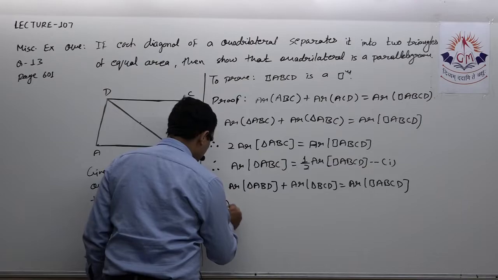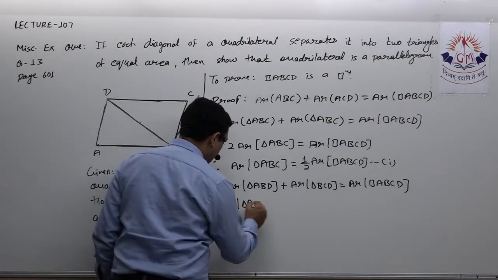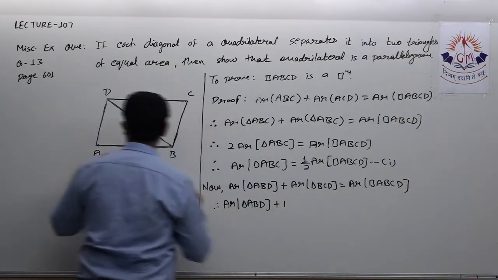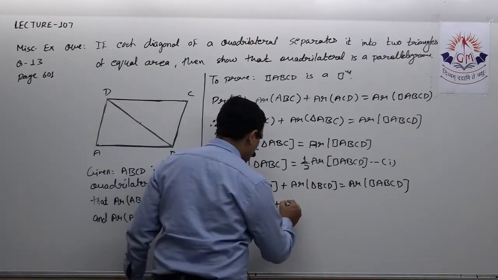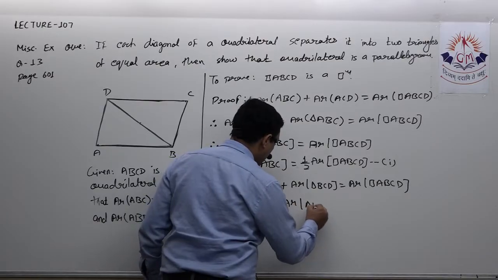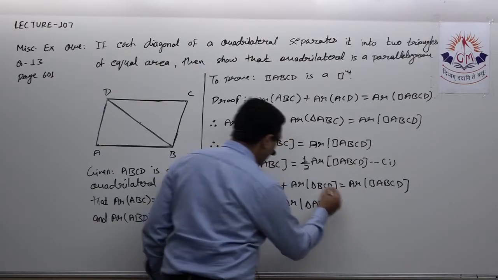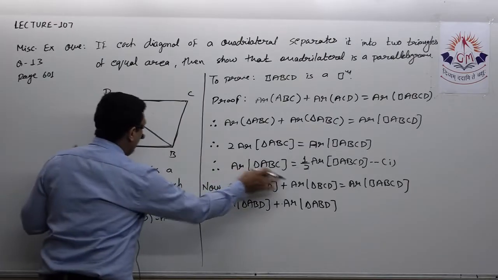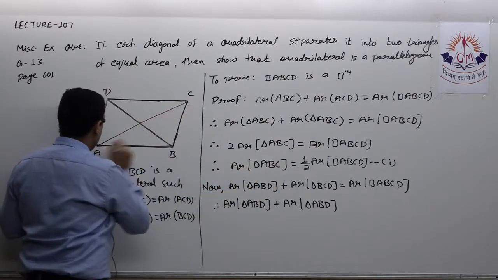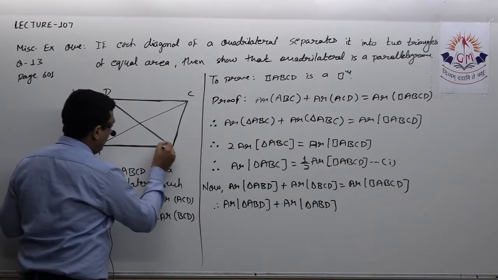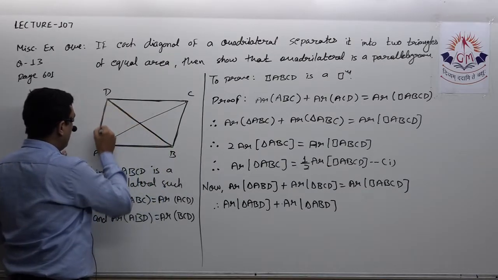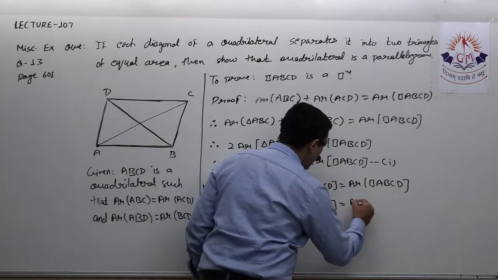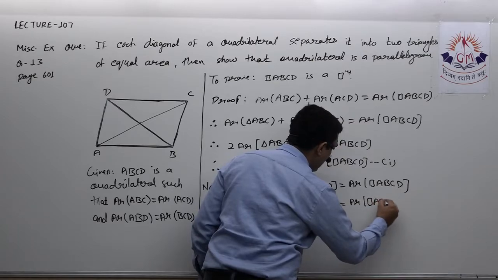So now I can write area of triangle ABD plus area of triangle ABD. At the place of BCD I kept ABD. Why? Because first I proved for ABC, this triangle, now I need one more triangle which has the same base, that is AB. So I am taking ABD, that is equal to area of quadrilateral ABCD.